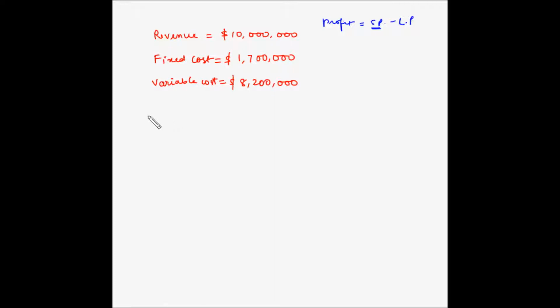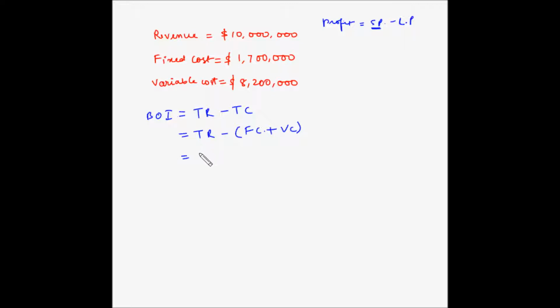So your budgeted operating income is equal to total revenue minus the total cost, which is equal to total revenue minus fixed cost plus variable cost.